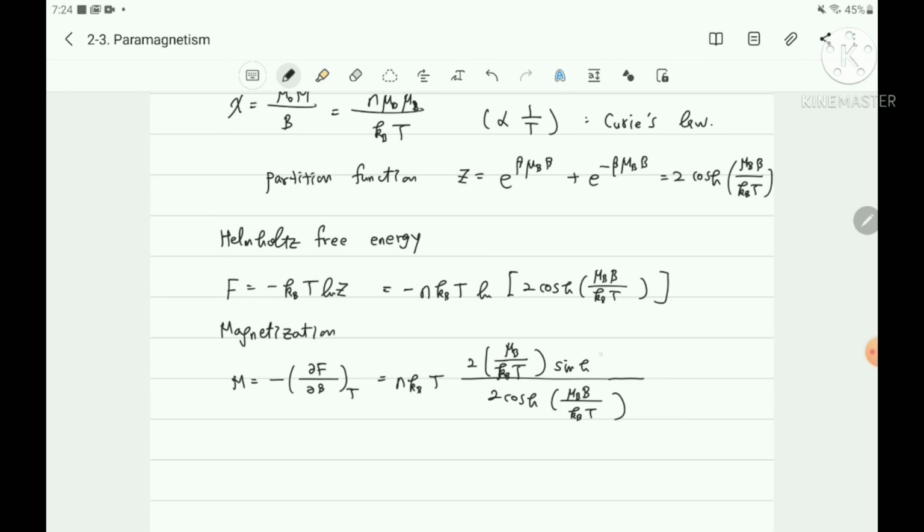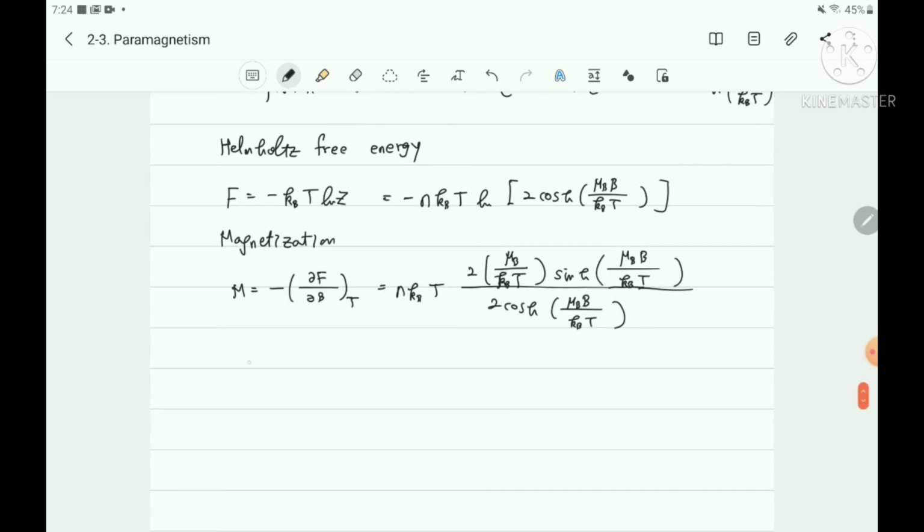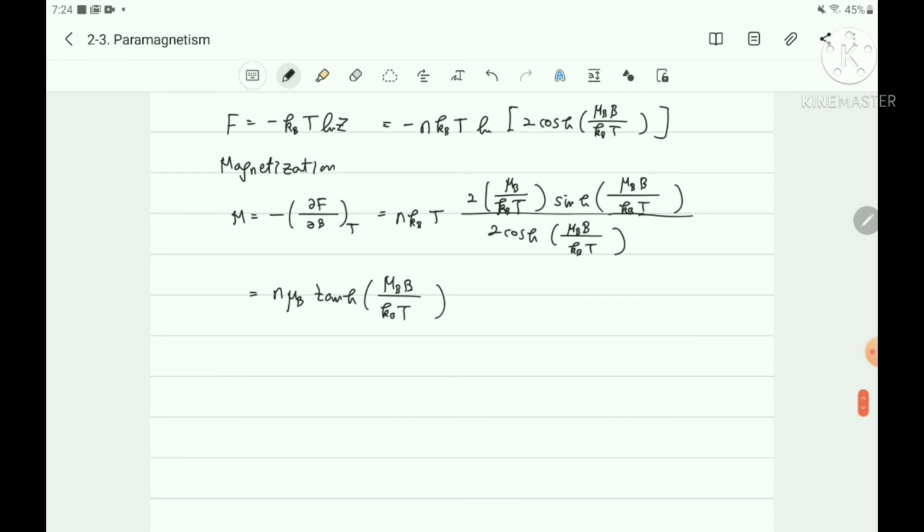The 2s cancel with each other, and we get N mu B tanh of mu B B over kBT. Therefore, M over Ms is the hyperbolic tangent of mu B B over kBT.